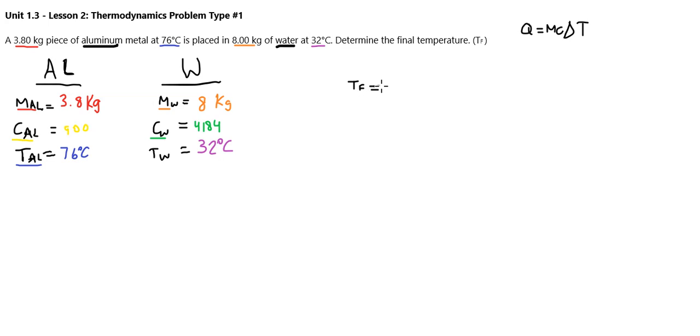And then you might also say, we don't know what Q is either. Well, the law of thermodynamics in the case of this problem would mean that the energy transfer of aluminum would equal that of the water.